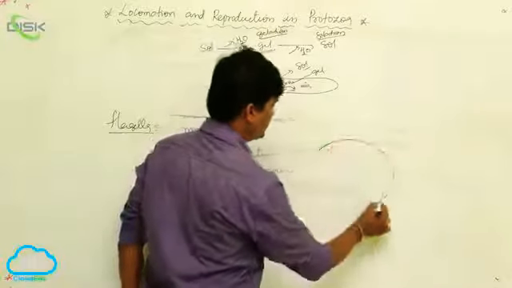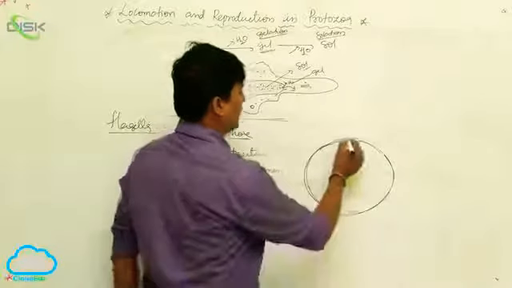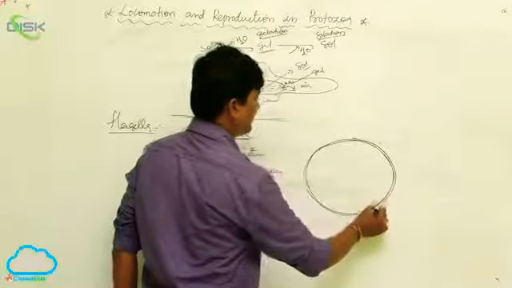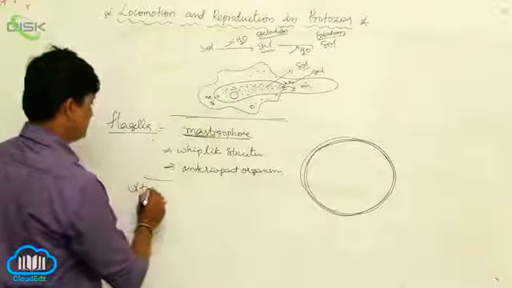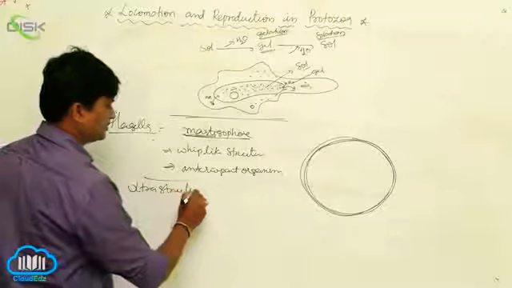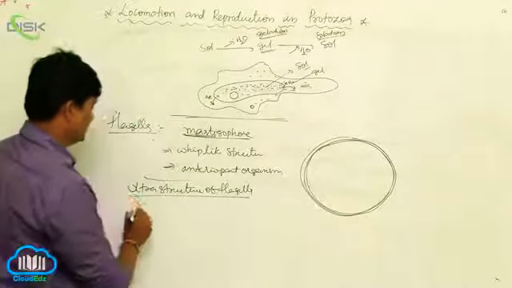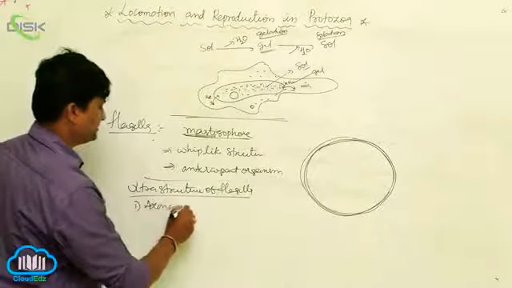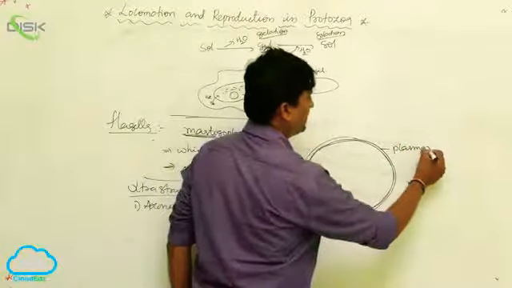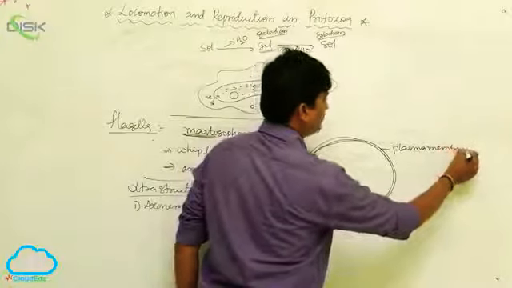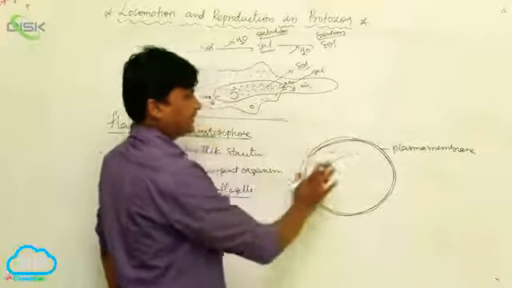The first one is the axoneme. The axoneme is covered by a small membrane we call the plasma membrane, the outermost layer. Inside, this complete space we call the matrix.